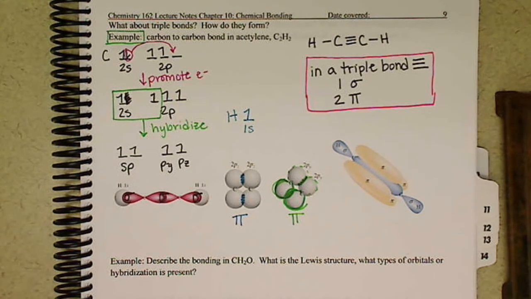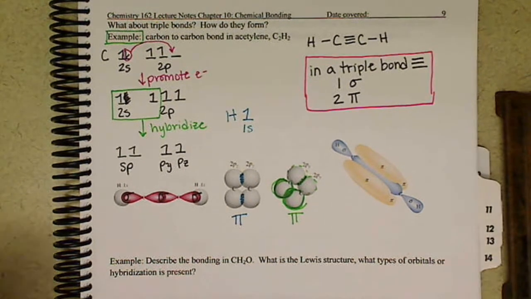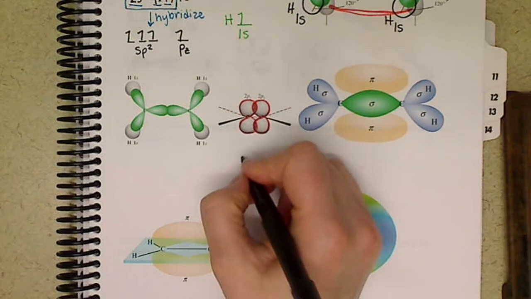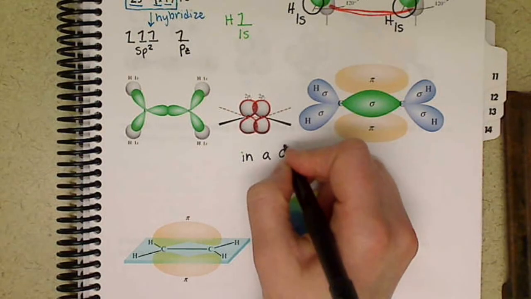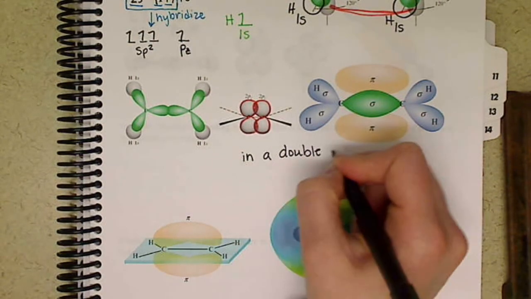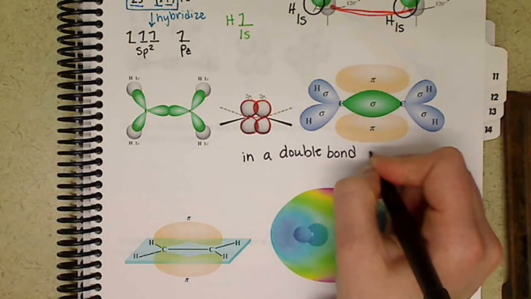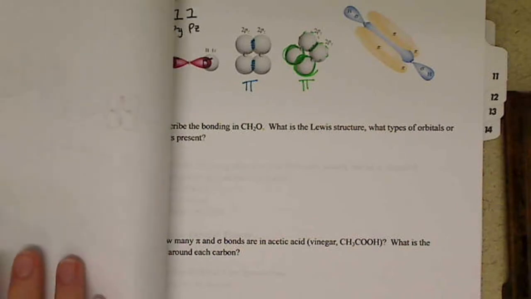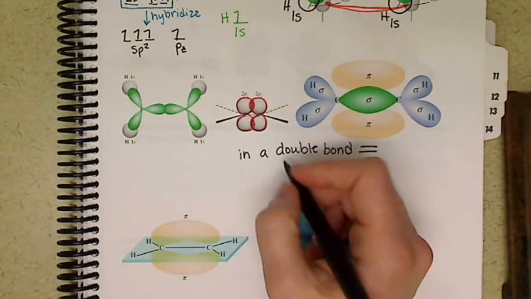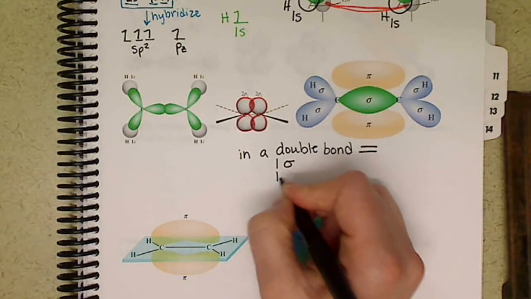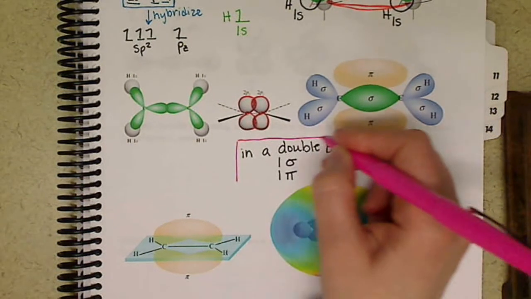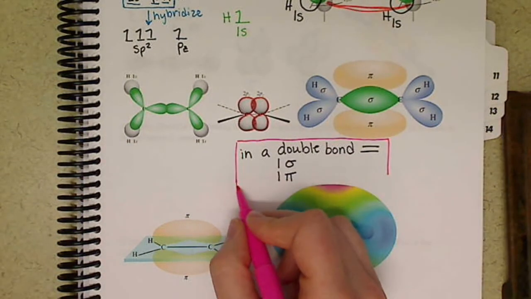Definitely worth knowing there. For our double bonds, going back a page, I stay black. 1 sigma bond and 1 pi bond. So that's in a double bond.